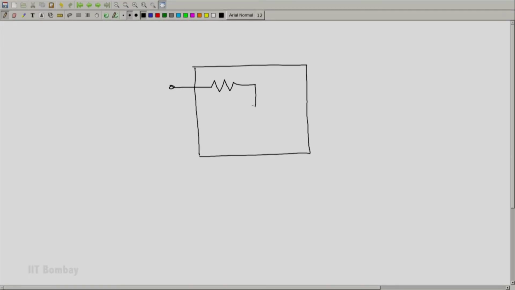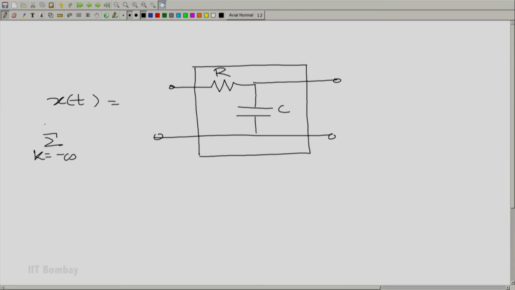So, we have the same RC circuit, and I applied the general periodic x(t) here, x(t) which is summation k going from minus to plus infinity, Ck e raised to the power j 2 pi by T k t, and I know what the output y(t) would be. The output y(t) would simply be summation k going, let me write it here, it is a little longer expression.